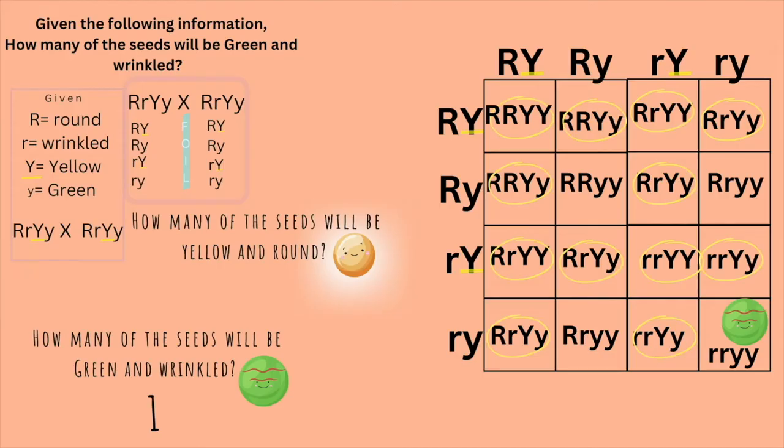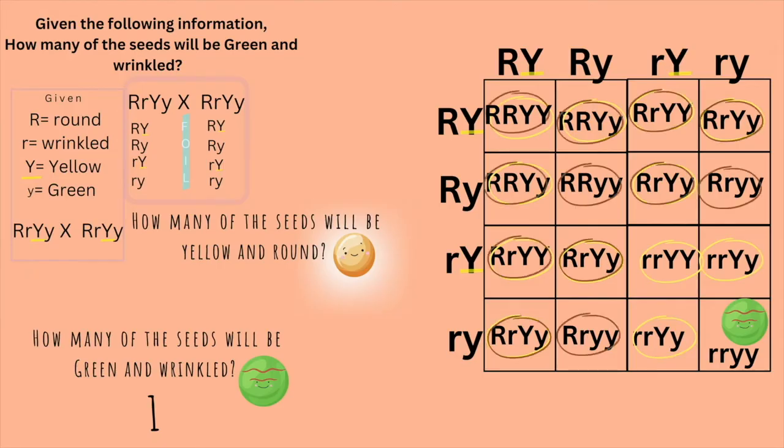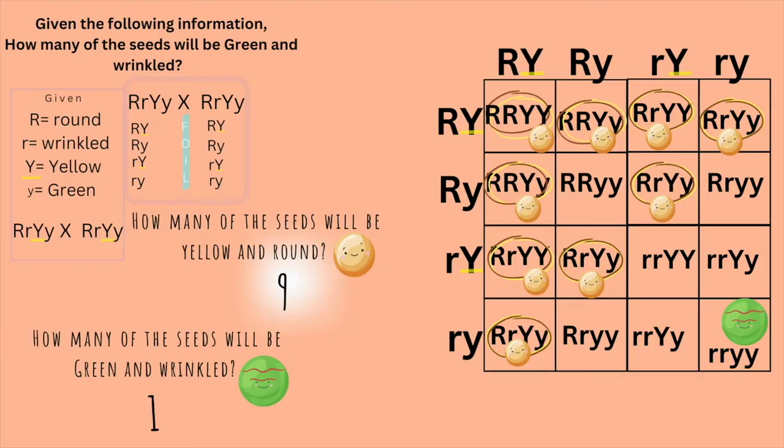These 12 will be yellow, and these 12 will be round. So how many are both yellow and round? 9. Awesome. 9 will be both yellow and round.